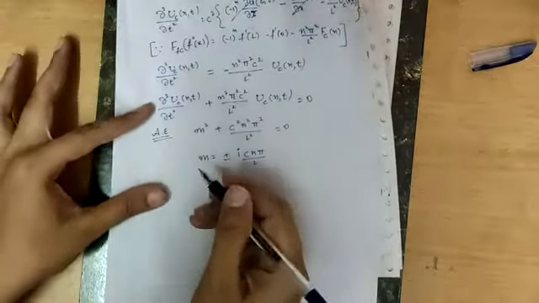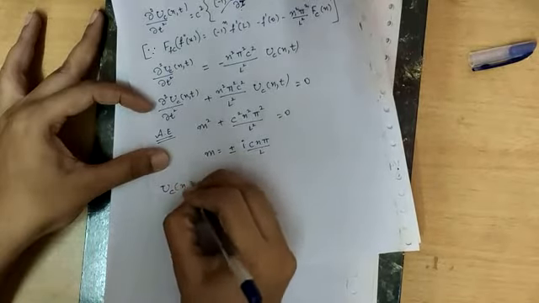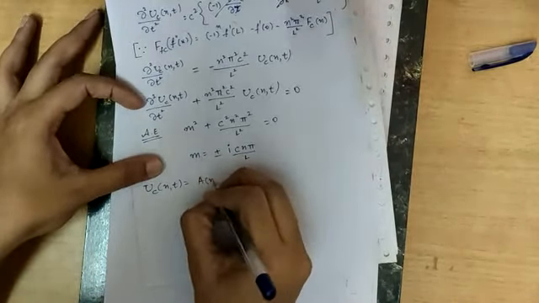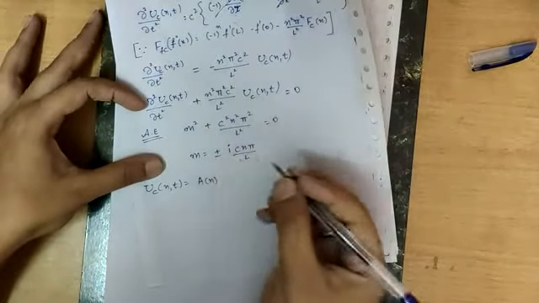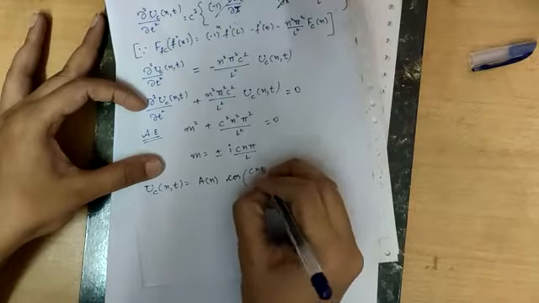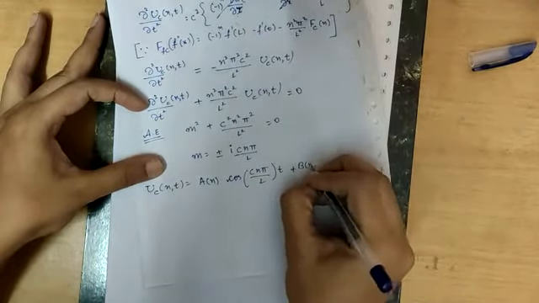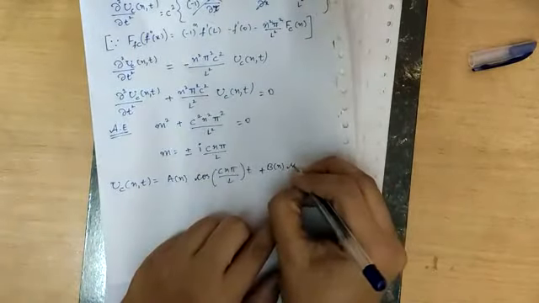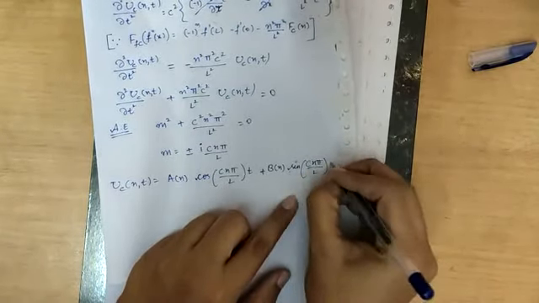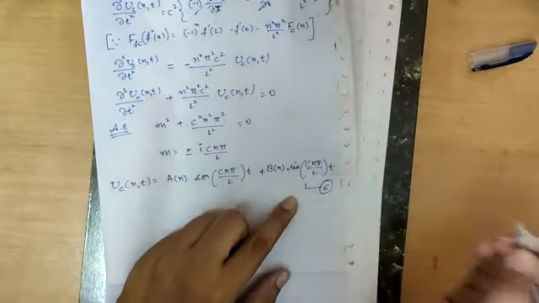So now let's write the solution. uc(n, t) = a(n), which is nothing but your constant, into cos(c n pi t / L) + b(n) into sin(c n pi t / L). I will call this equation number 6.